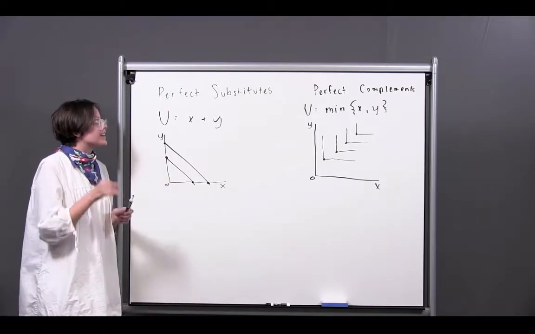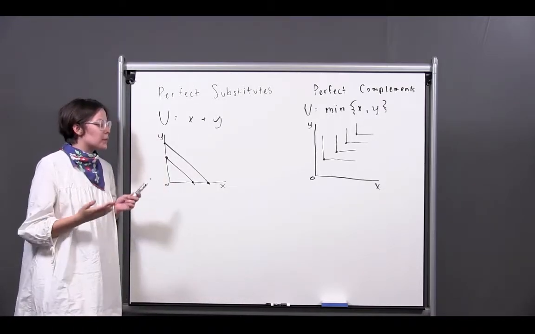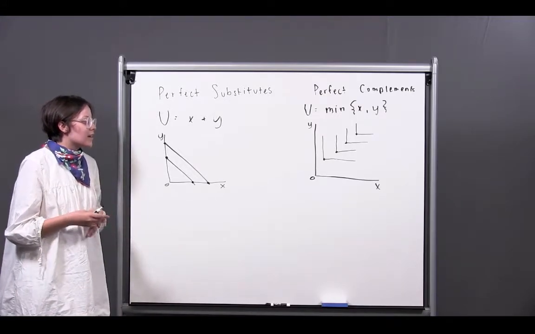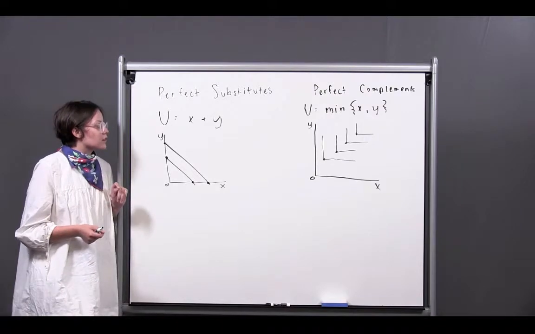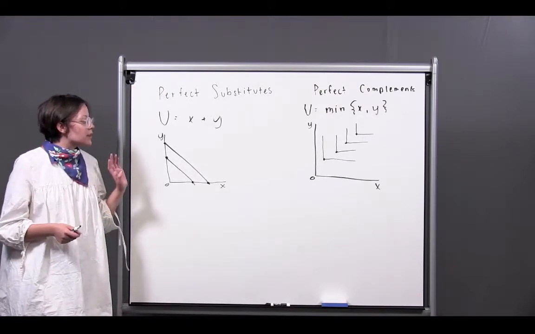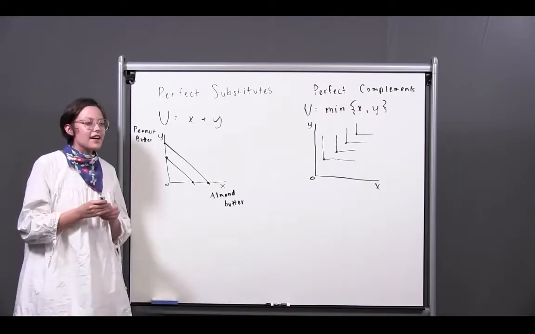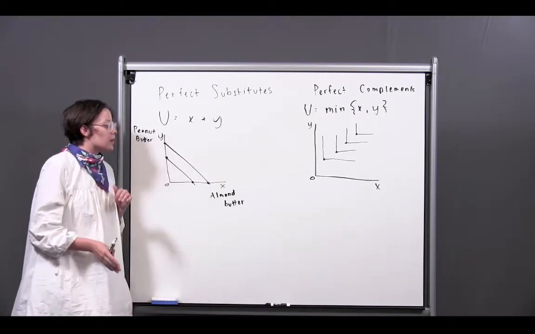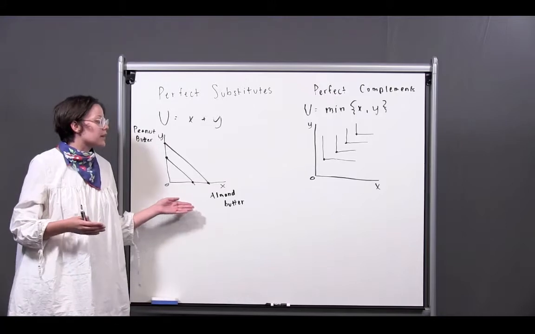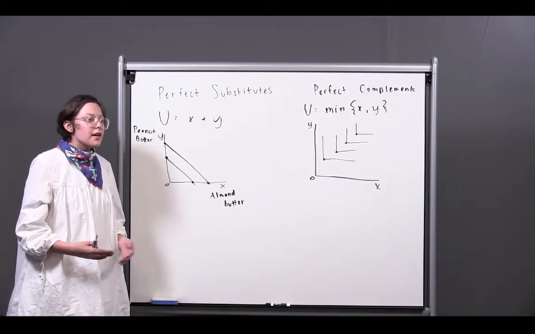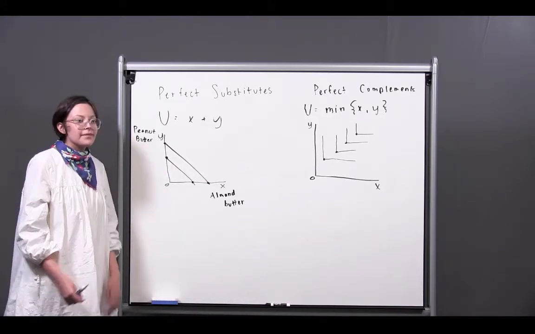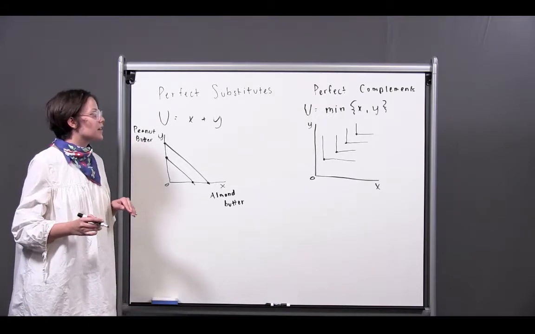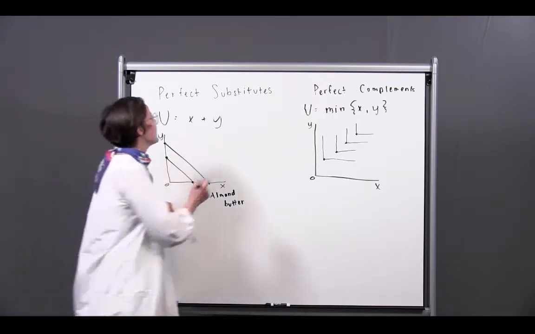Based upon the price of our almond butter or the price of our peanut butter, the consumer is going to consume only almond butter or only peanut butter. Whether our consumer consumes all peanut butter or all almond butter is dependent on the prices of those goods. Keep in mind that with perfect substitutes, it's either x or y.